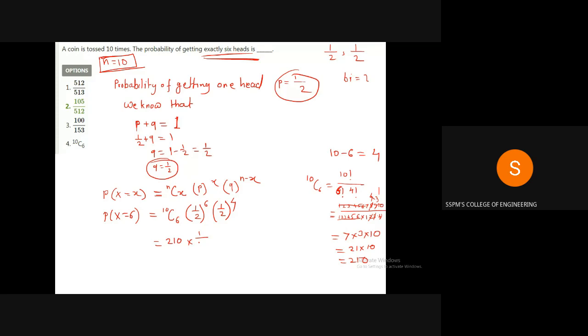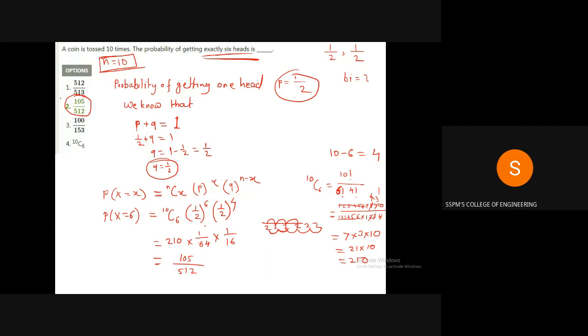Again, if we solve this, we will get 105 divided by 512. That is the correct option. So that is how you calculate the probability of a binomial distribution. The formula is given by nCx p raised to x q raised to n minus x.